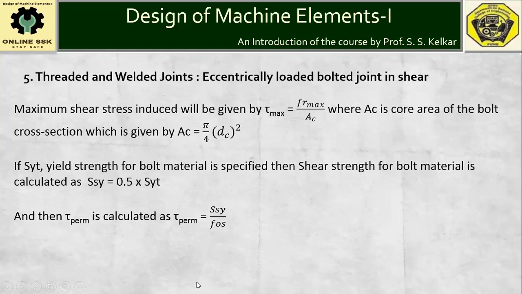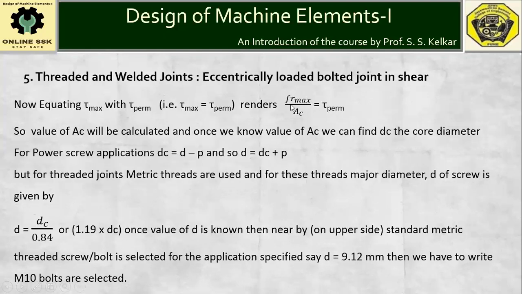So we can calculate tau permissible, and Fr max is also known to us. So the only unknown is AC, and here we are in a position to calculate AC.